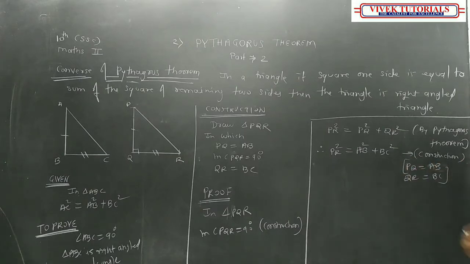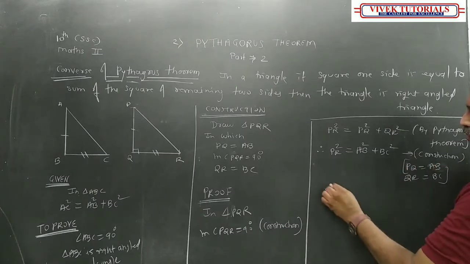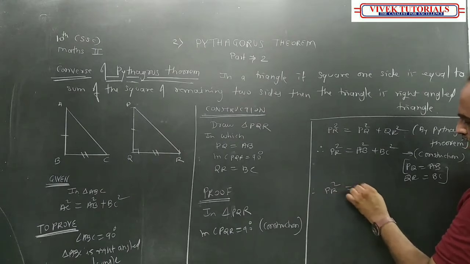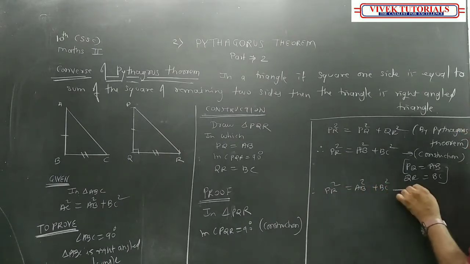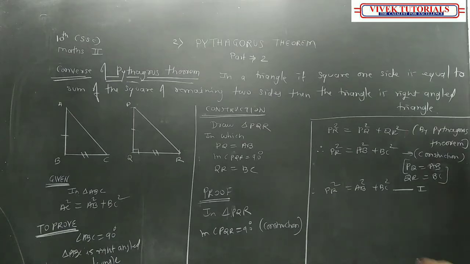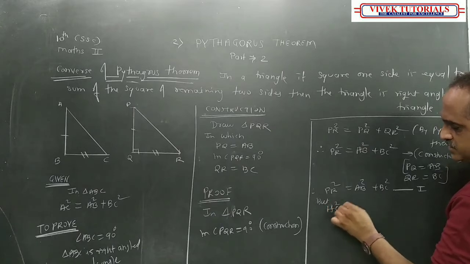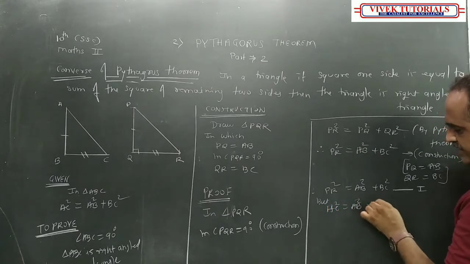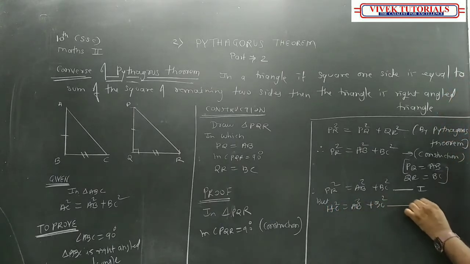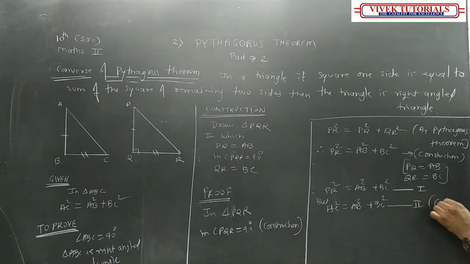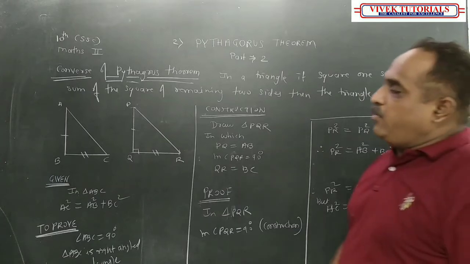Is it right? So what you got now? Therefore, PR square is equal to AB square plus BC square, equation 1. But they have given AC square is equal to AB square plus BC square, equation 2, and this part is given. Are you getting my point?